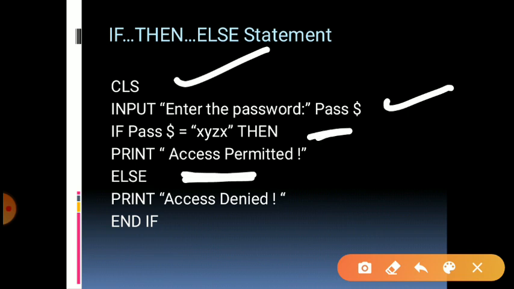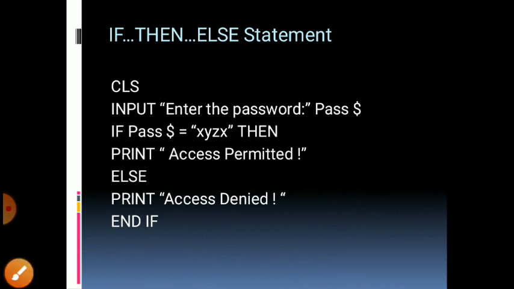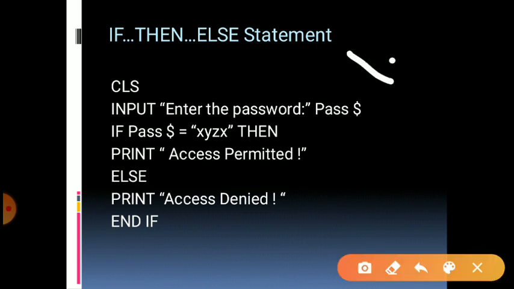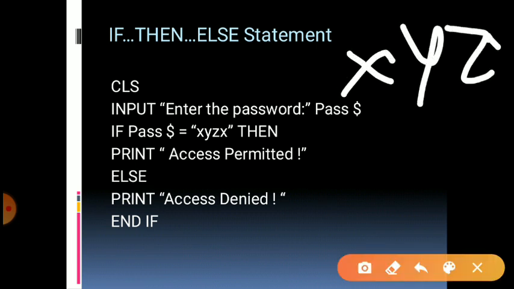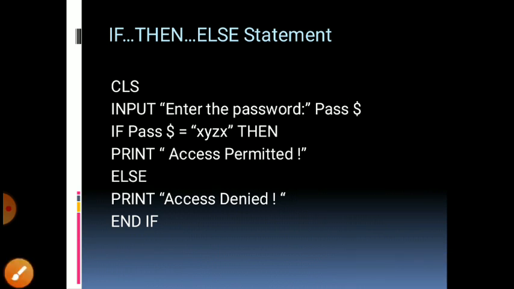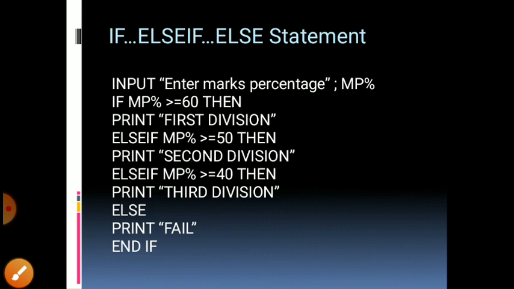Then we give the condition pass$ equal to xyz. Then print access granted, else print access denied. It means if the user enters the password xyz, then access granted is printed, otherwise the next statement will be printed. So it's called the IF THEN ELSE statement.